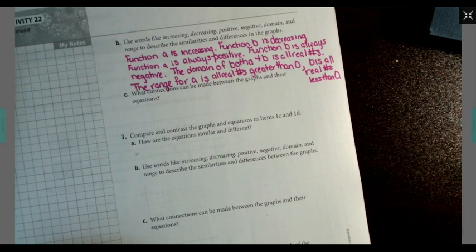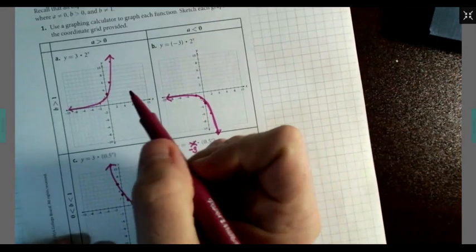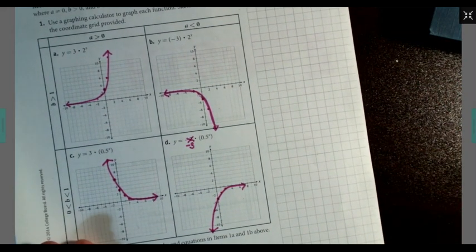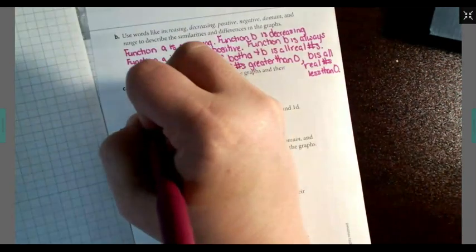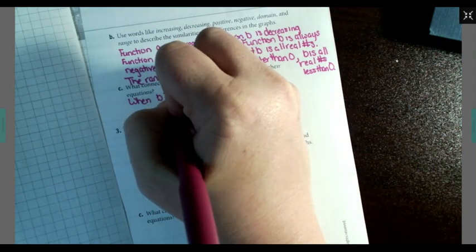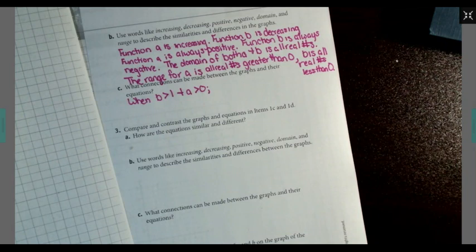What connections can be made between the graphs and their equations? When B is greater than 1 and A is greater than 0, the function is always positive and is graphed above the x-axis.